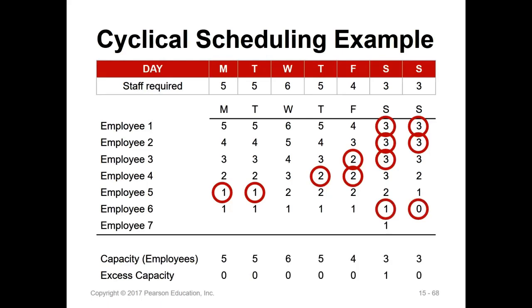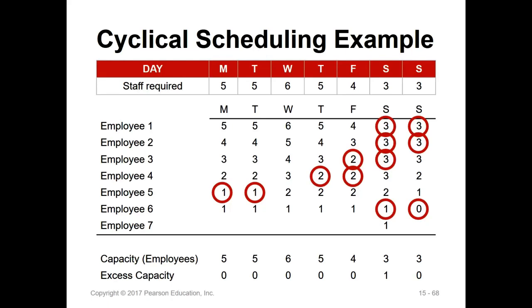And so employee 4 is going to rest Tuesday, Thursday, and Friday, and 5 is going to rest Monday and Tuesday. 6 is going to rest Saturday and Sunday.